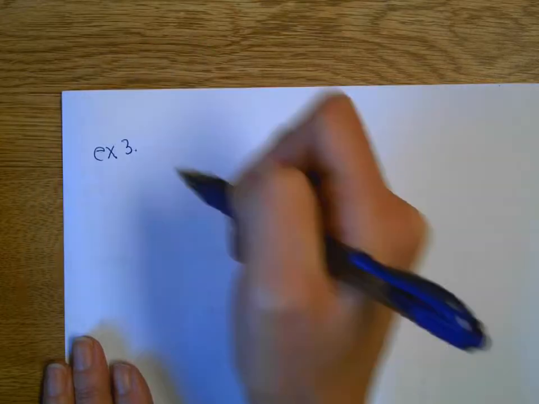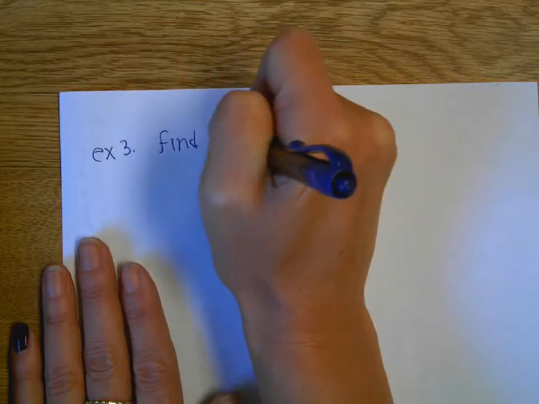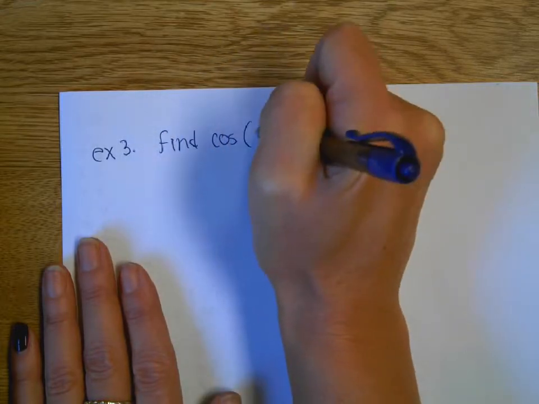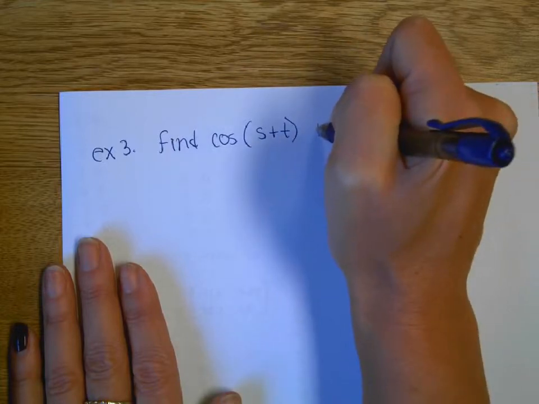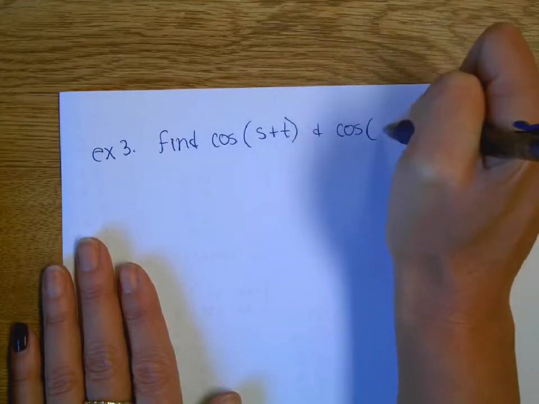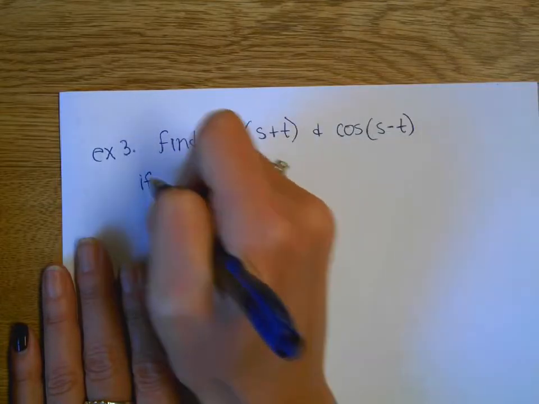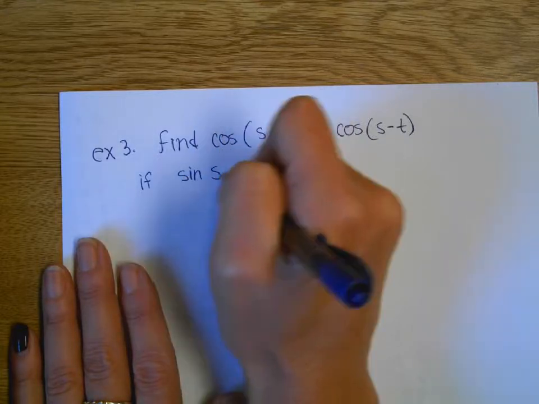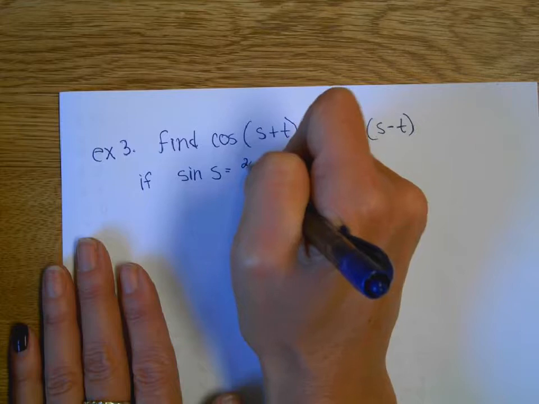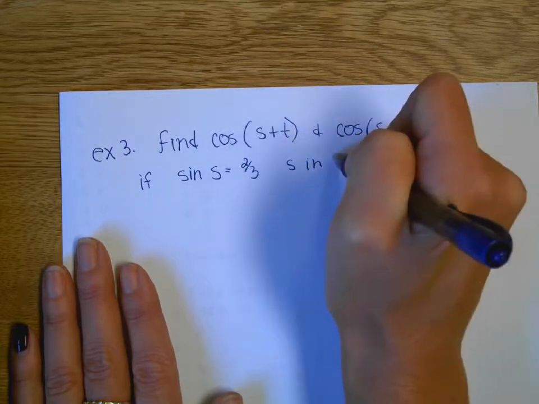Okay, here we go. Last example. This is it. Find the cosine of s plus t and the cosine of s minus t if the sine of s is 2/3 and s is in quadrant 2.